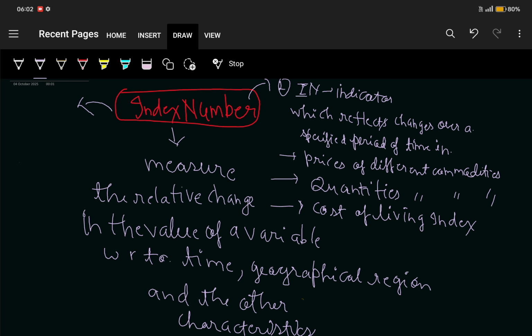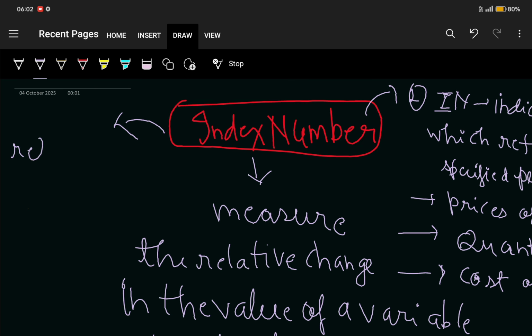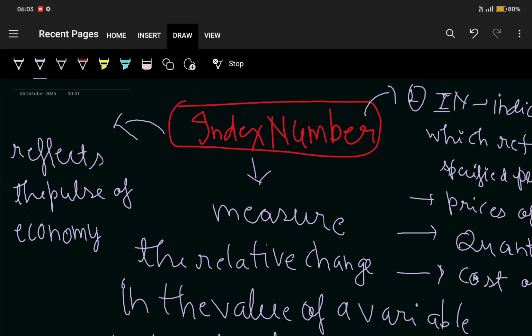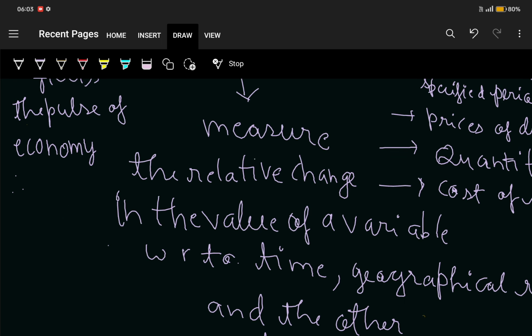So we will write this point: since it reflects the pulse of economy, therefore it is termed as economic barometer.